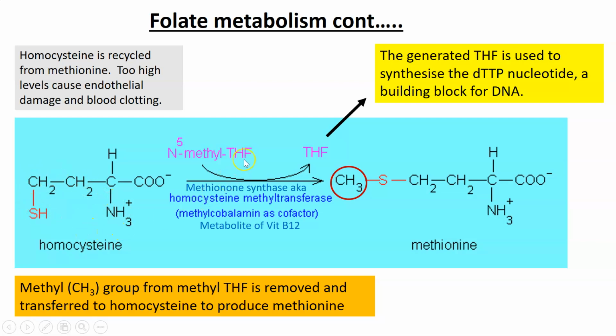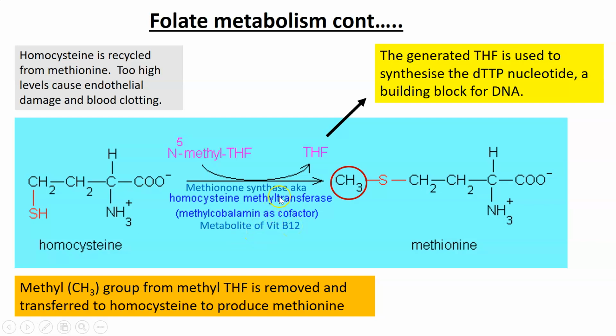So we take the methyl group from the tetrahydrofolate, remove it, and attach it to this homocysteine to make methionine. It's done by this enzyme here, methionine synthase, also known as homocysteine methyltransferase, and it needs methylcobalamin as the cofactor, which is obviously a metabolite of vitamin B12.